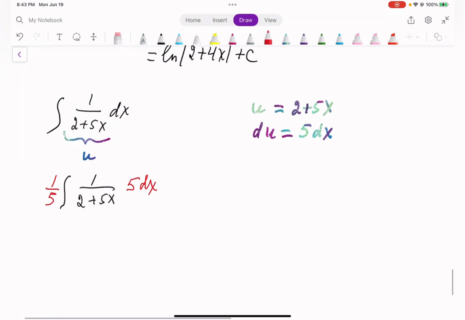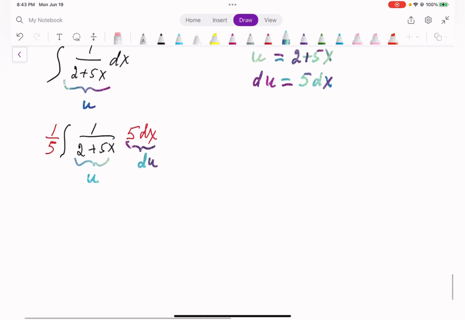So therefore, what do we get here? This is going to be du, and this is going to be u. As a result, we are going to have 1/5 integral of 1 over u du, going step by step.